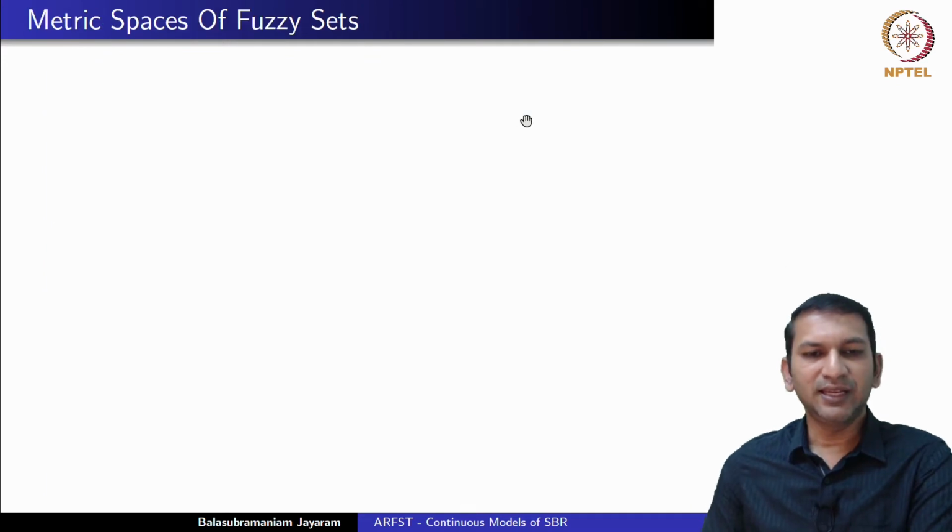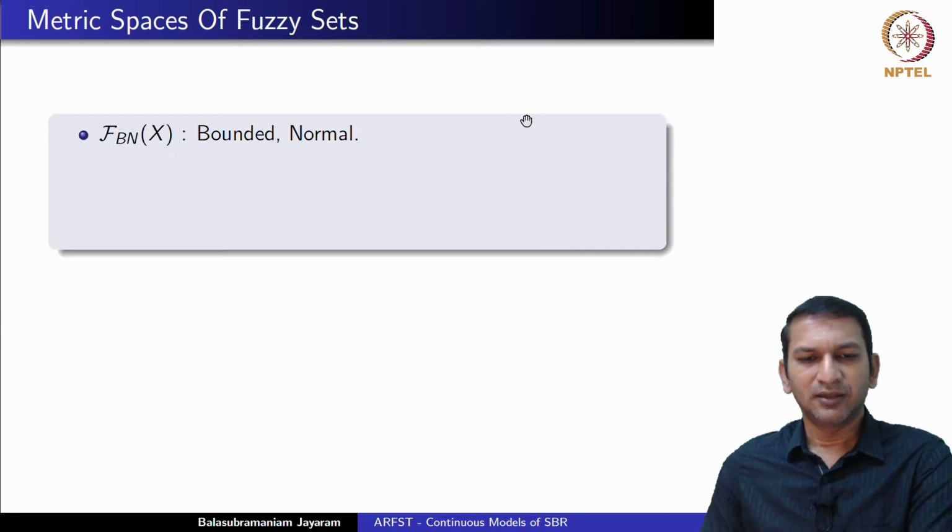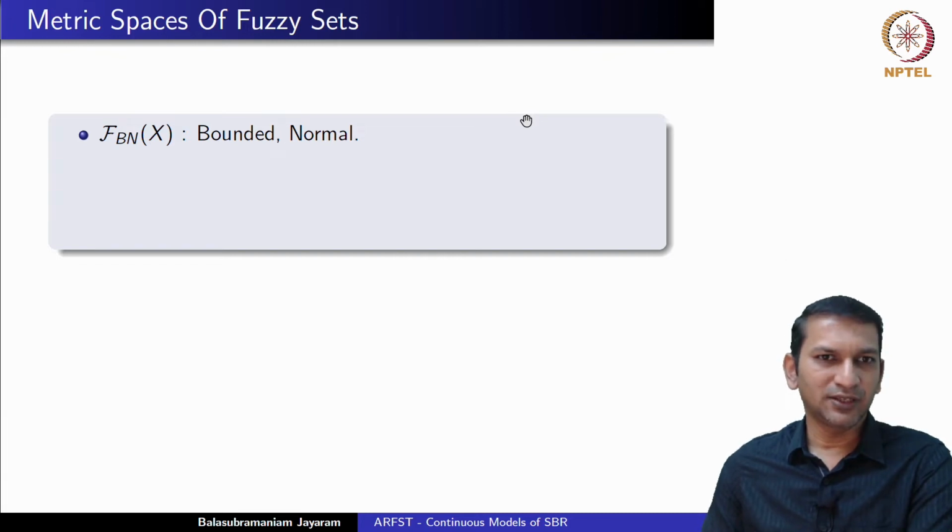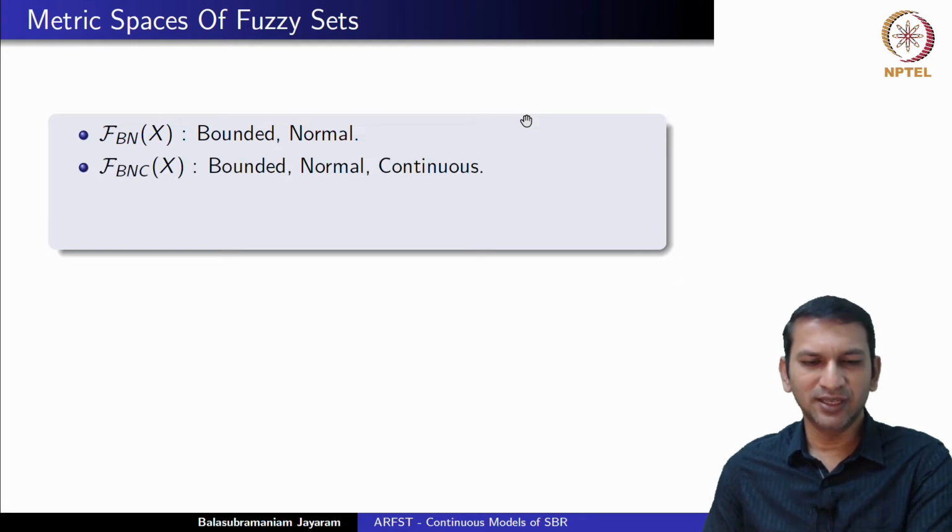That means we need metrics on the spaces of fuzzy sets. Let us look at a few examples of such metrics. We have seen one in the previous lecture. We will see a few more in this lecture. By FBN of x, given an x, we denote the set of all bounded normal fuzzy sets on x.